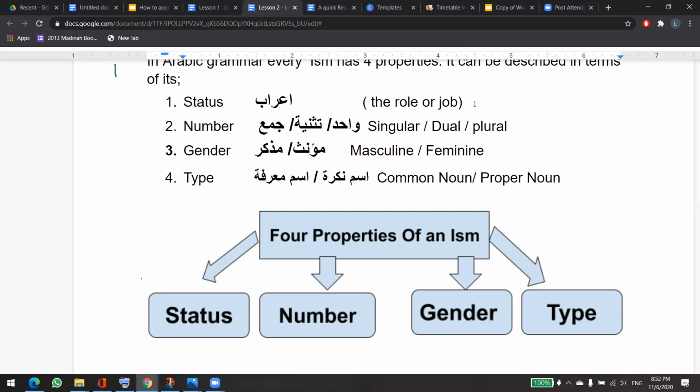Whenever I ask you whether the ism is Rafa, Nasab, or Jar, you are just going to write R for Rafa, N for Nasab, and J for Jar. Okay, so the status can be Rafa, Nasab, or Jar, and number can be either singular, dual, or plural: wahid, tasniya, or jama. Gender can be masculine and feminine, and type can be common noun or proper noun: isme nakra and isme marfa.